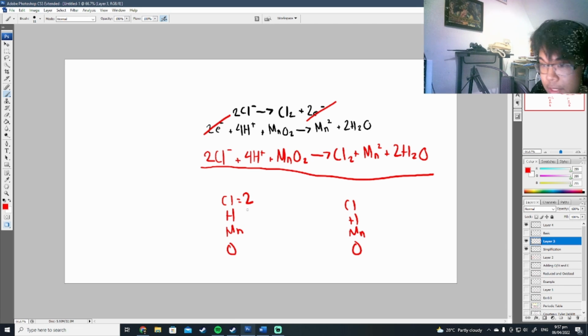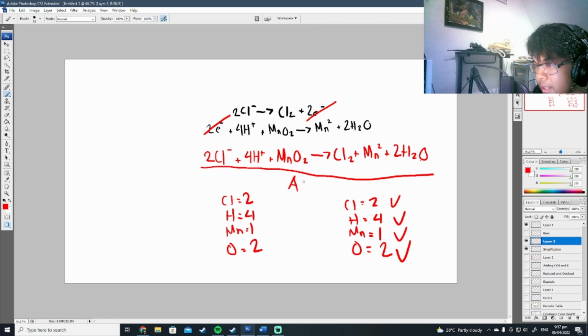We have two chlorines here, 4 hydrogen, 1 manganese, 2 oxygen. On this side we have 2 Cl, 4 hydrogen, 1 manganese, and 2 oxygens. As you can see, both sides are balanced, meaning to say that our acidic solution is right.